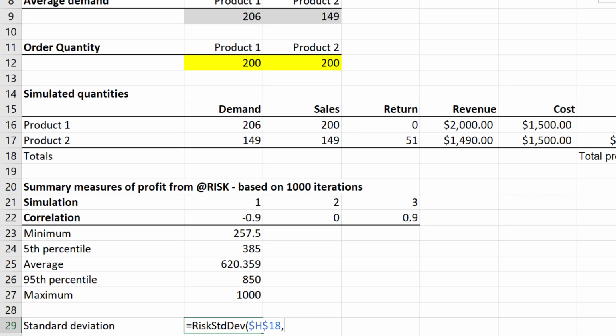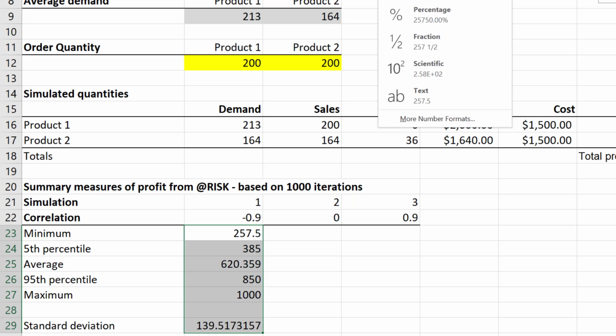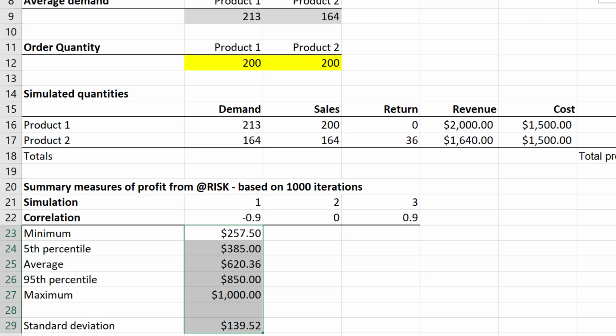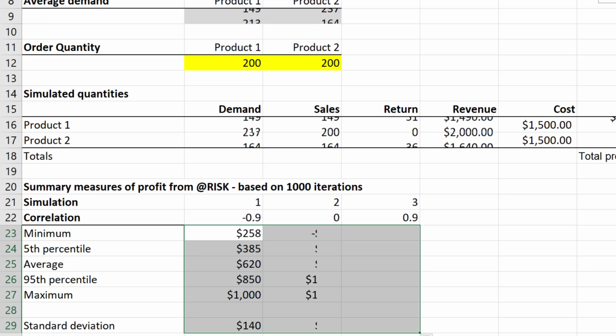So press F4 and the simulation number. Okay, now they're all dollars, so let's change the format to dollar. Let's get rid of the decimal places and copy that over.